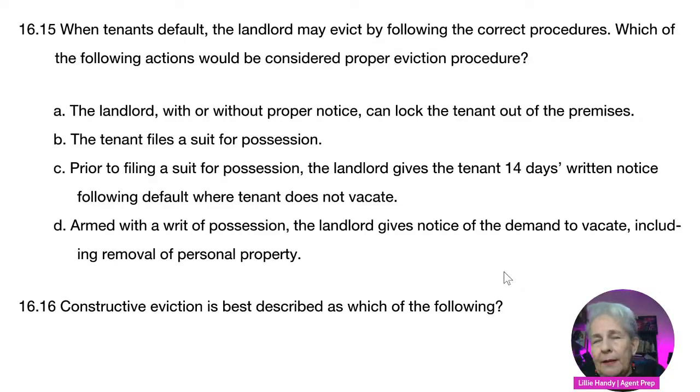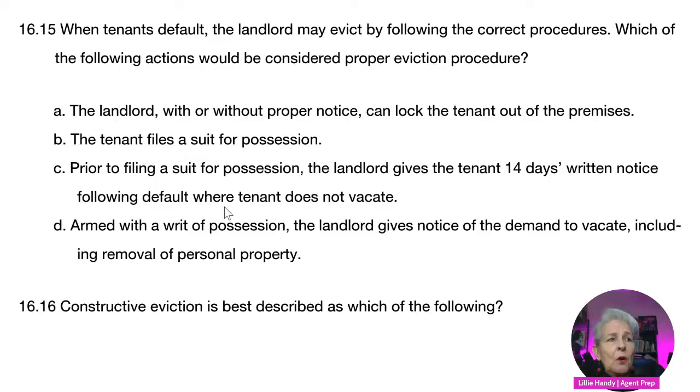They might have 7 days to pay up, or whatever the particular state has on the written notice that they can post on the door. They can email, they can text it, they can mail it. Once they do that eviction notice and they post it and the tenant doesn't leave, then they go and file a suit for possession.